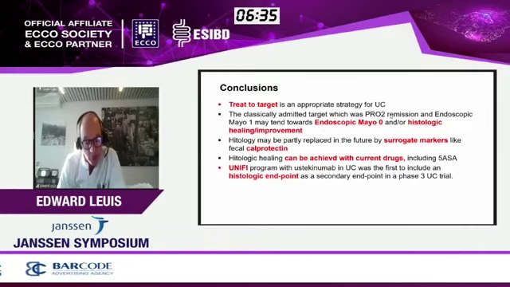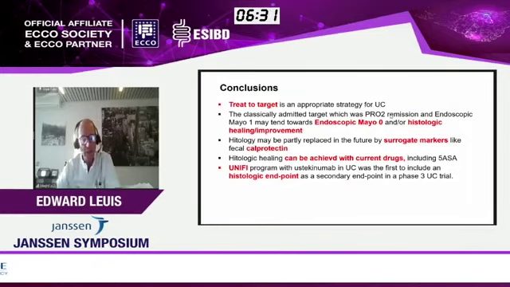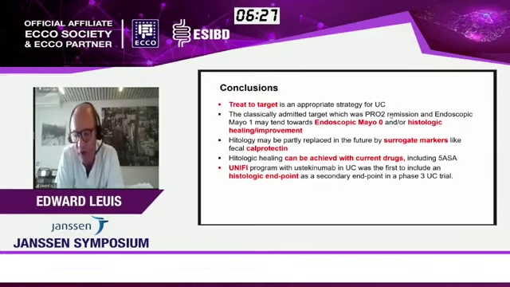So we should get rectal bleeding at 0, no rectal bleeding anymore, and stool frequency at a maximum of 1, which corresponds to up to 2 more stools as compared to normal.